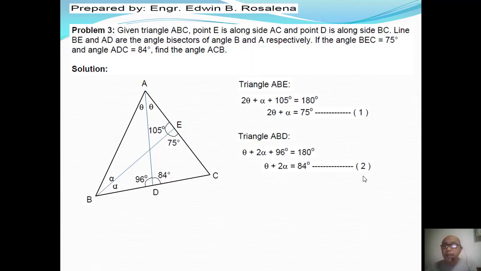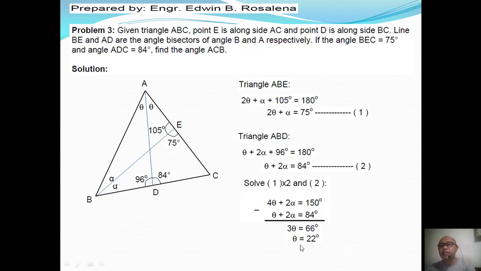So, I will solve for alpha and theta from the two equations. No? So, equation 1 times 2. So, this becomes 4 theta plus 2 alpha equal to 150. Then, pair to equation 2, theta plus 2 alpha equal to 84. So, when we subtract, we can eliminate alpha. So, I can solve for theta equal to 66.